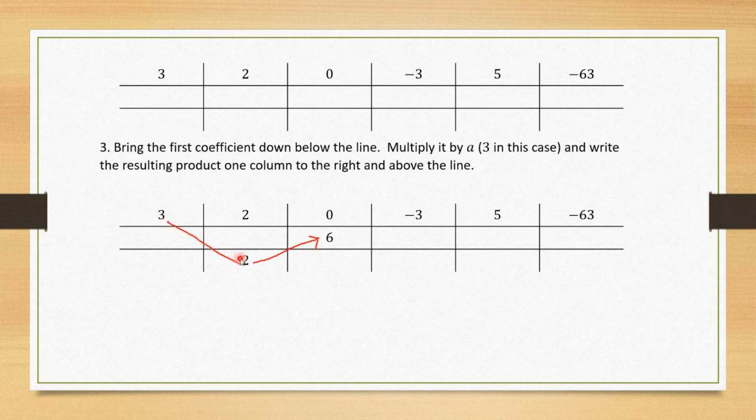So we have 3 times 2, which is 6. That product is going to be put here, one column to the right, one row up. Whatever that product is, you put up here.